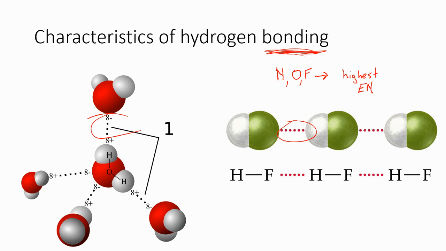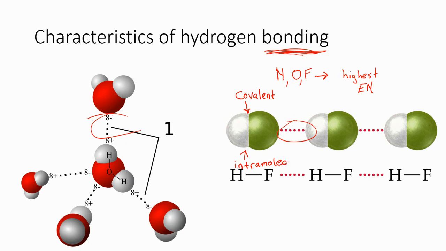So we need first a hydrogen atom to be covalently bonded. This is not the hydrogen bond. This is a covalent bond. It's sometimes referred to as an intramolecular force, within the molecule. This is a real chemical bond.